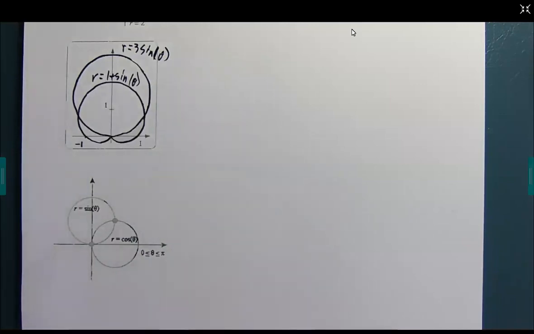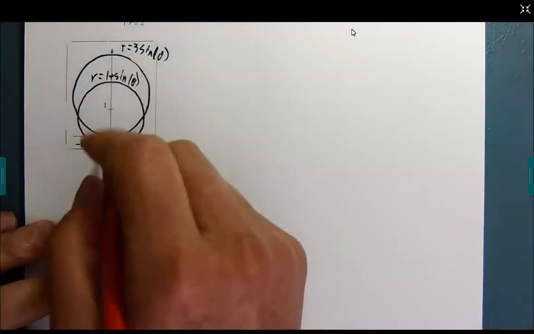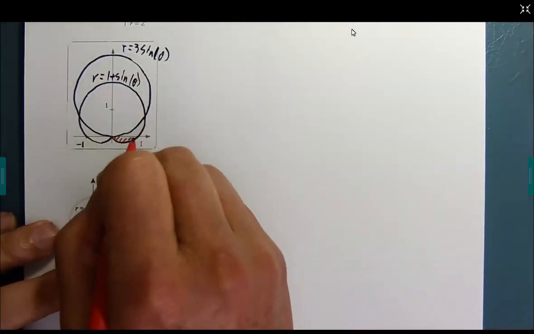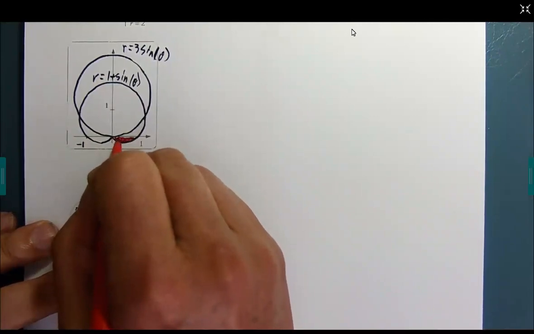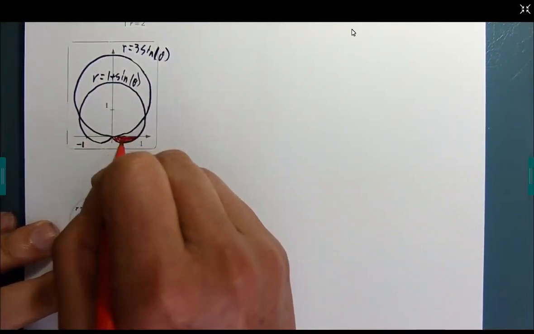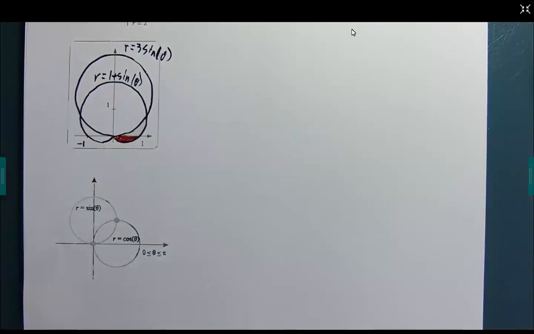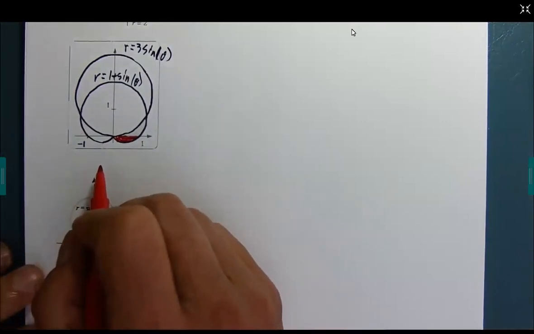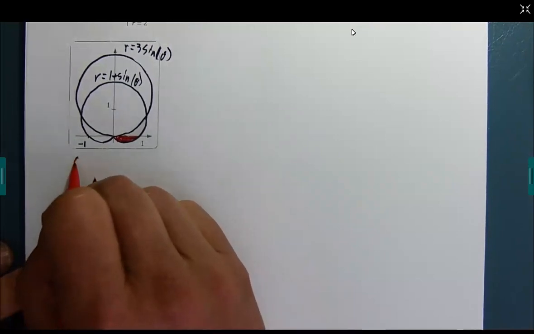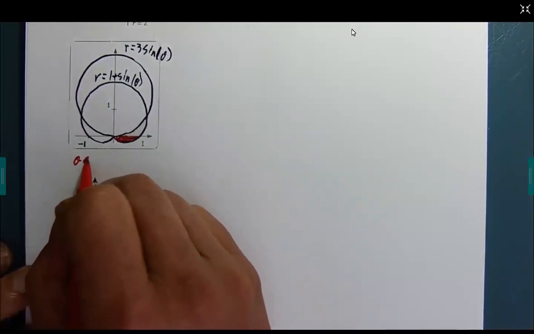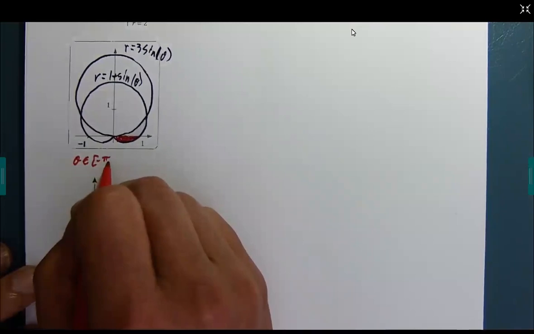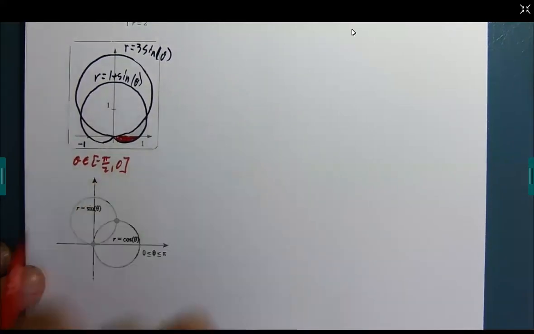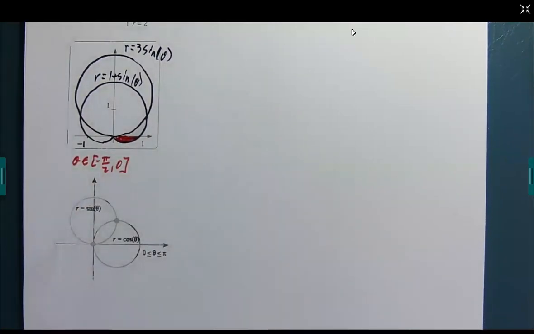Now, I want to acknowledge that we're looking at 2 very different areas. For this first part, just the red, theta is going to go from negative pi over 2 to 0. And that is just the one function.